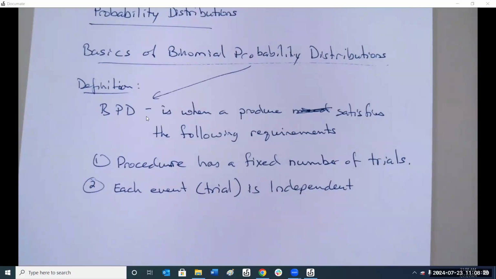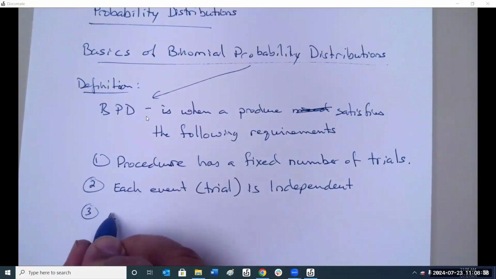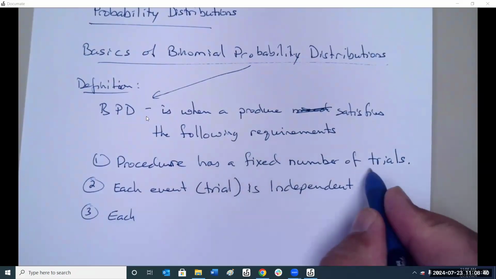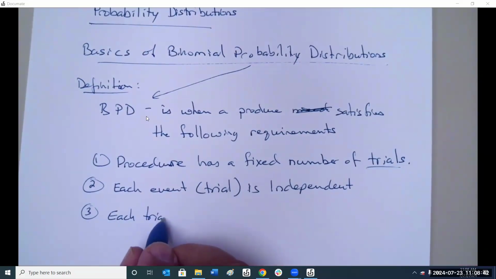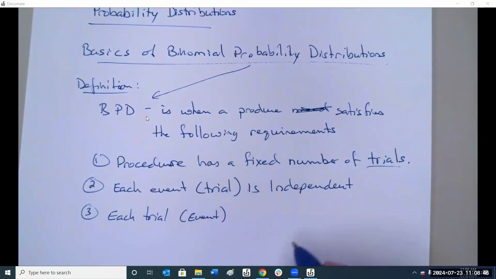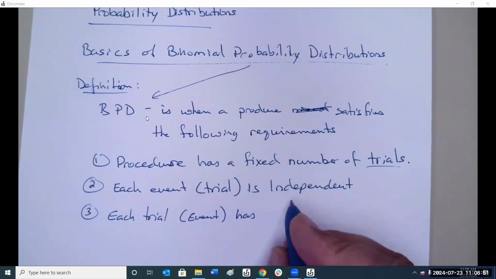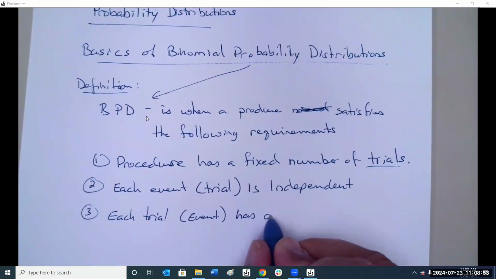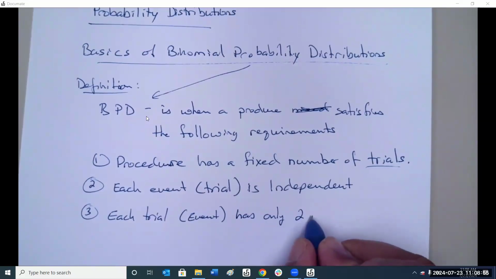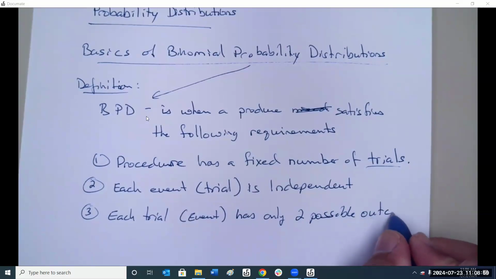Independent, we talked about yesterday. Each event does not affect the outcome of the next event. Three, each trial or event has only two possible outcomes.